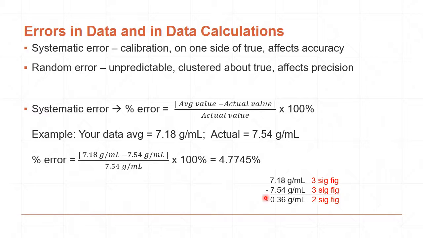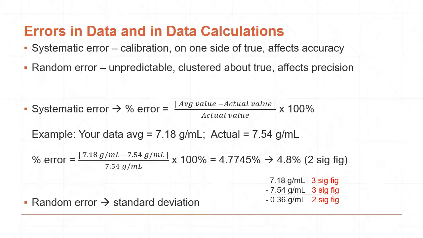I'll of course eliminate this minus sign because of the absolute value. So the numerator in my percent error calculation represents 2 sig figs, 3 sig figs down here, meaning my final answer has to be rounded to 2 significant figures. When I do that, I get 4.8%. So that's our calculation of systematic error using the measure of percent error.